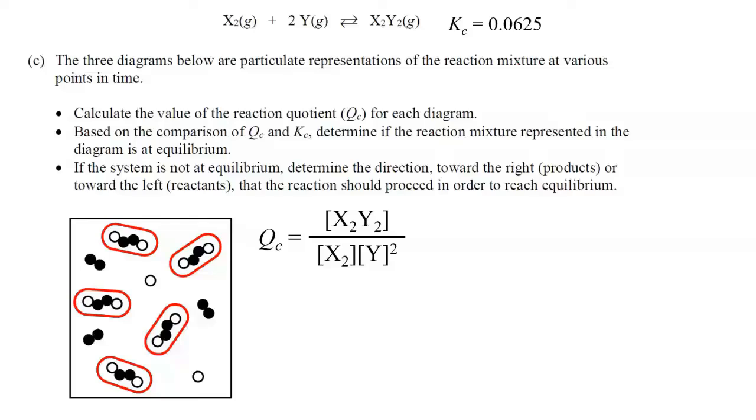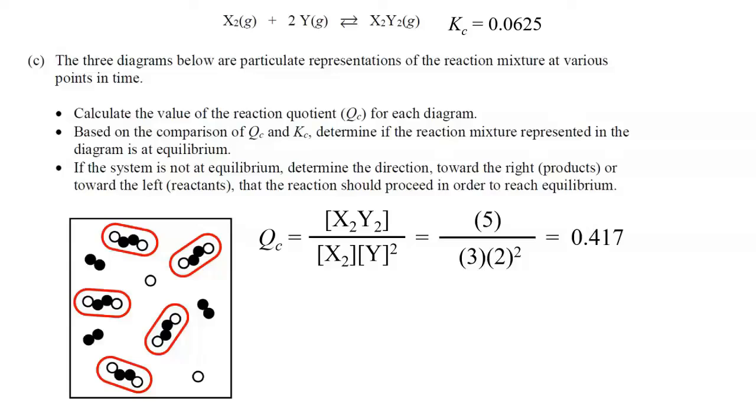And the number of Y particles, I see 2, that's going to be also on the bottom, and that number is going to be squared. So 5 divided by the product of 3 times 2 squared. Now we're going to find out if Q is greater than or less than K, which is 0.0625. When we do this math, we get 0.417.